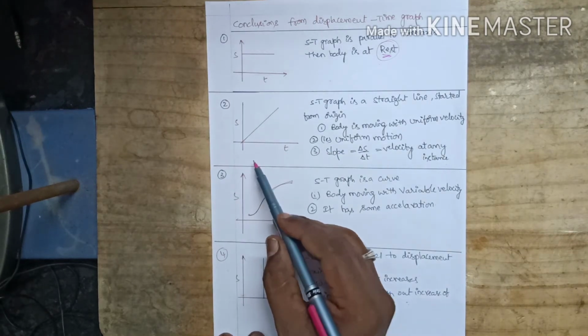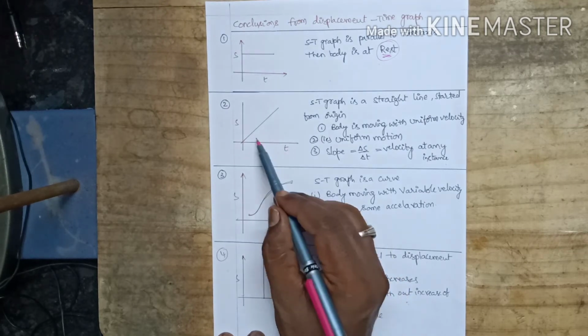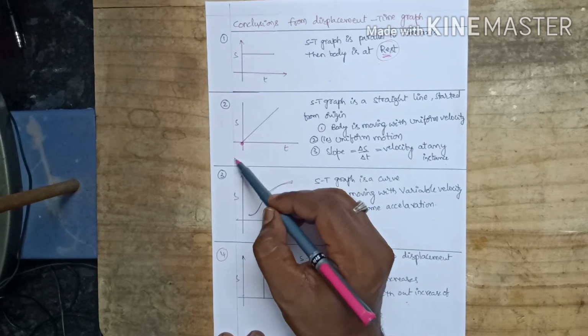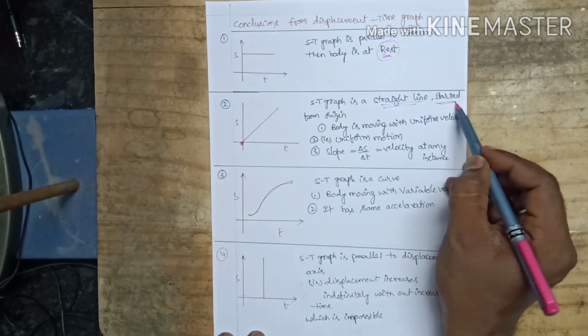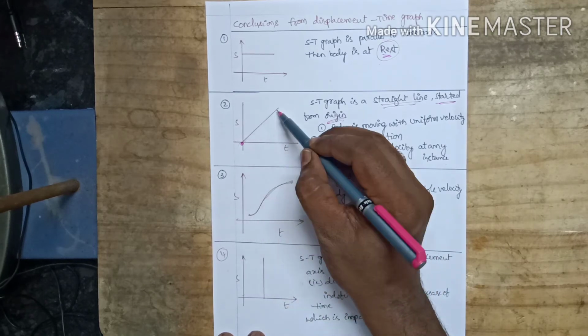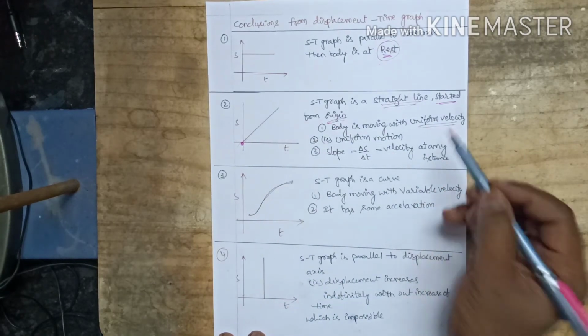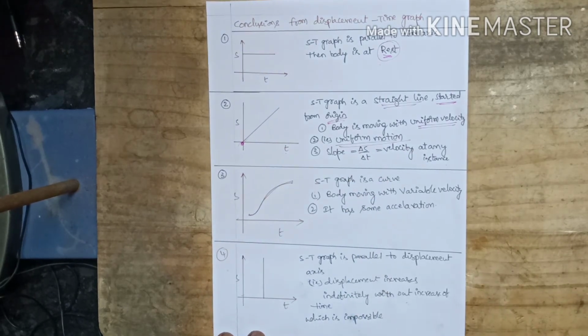Comes to the second one. In the case of a displacement time graph, it starts from the origin and it is a straight line. See here, it is a straight line started from the origin. What does it mean? The conclusion is the body is moving with uniform velocity, which means uniform motion.